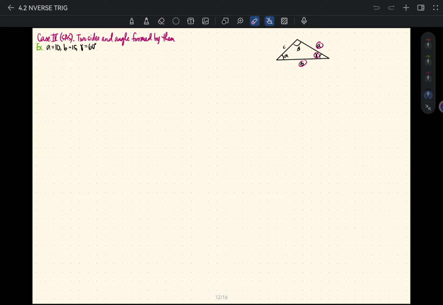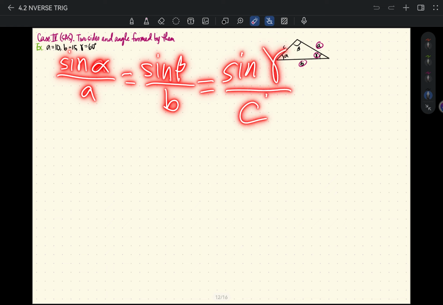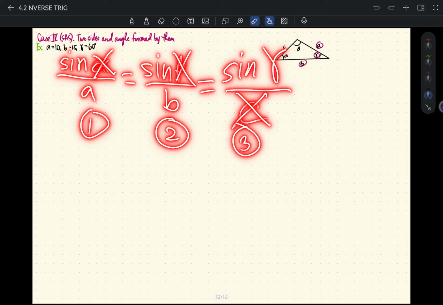Can we use law of sines here? So let's see, if you have sine alpha over A equals sine beta over B equals sine gamma over C, what we're missing are C, beta, and alpha. So let me just label this 1, 2, 3.